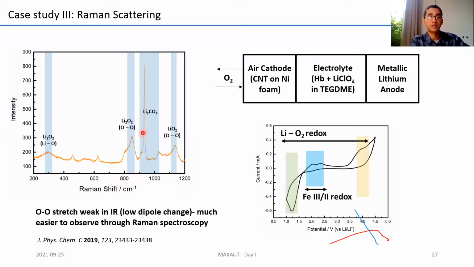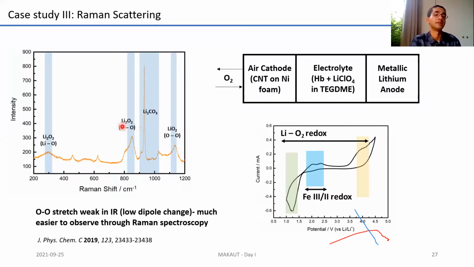Now keep in mind that peroxide has an oxygen-oxygen linkage. The O-O stretch is a symmetric stretch, so there's very low change in dipole. Because of that, you cannot study lithium peroxide or superoxide in IR spectroscopy. This is Raman data that I had collected a year or so back.